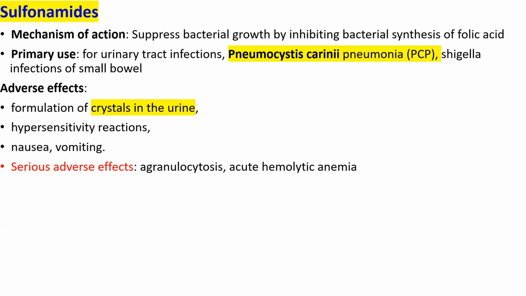The adverse effects: formation of crystals in the urine. So when we see sulfonamide, we always encourage patients to drink enough fluids, water, so we can prevent kidney stones, because the adverse effect of the drug is formation of crystals in the urine, with a high tendency to develop kidney stones.